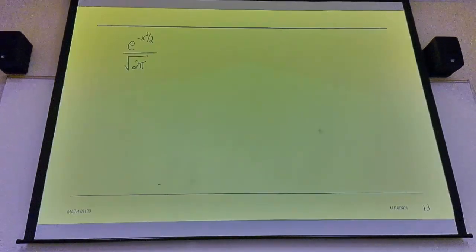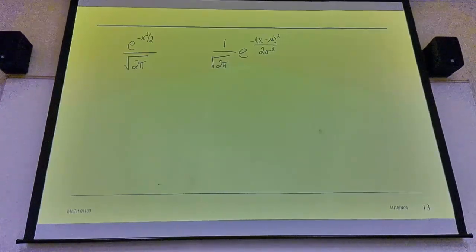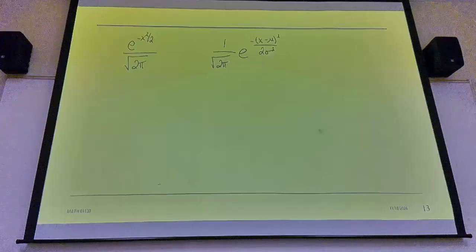But that function looks a lot worse. I don't like those. That's the normal distribution. I liked it better before. But you work a lot with that function in stats.